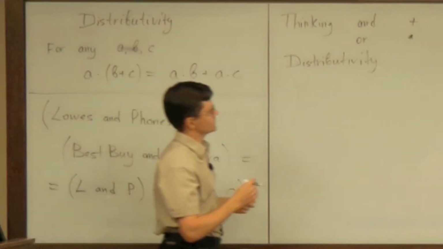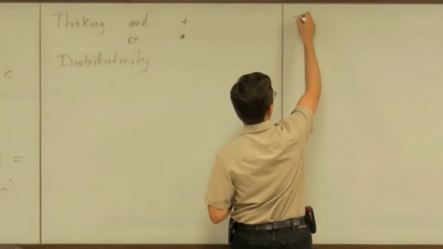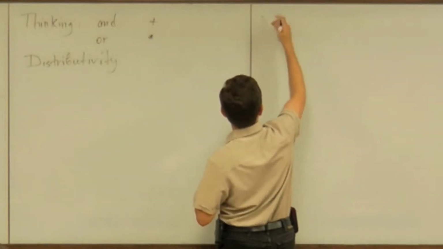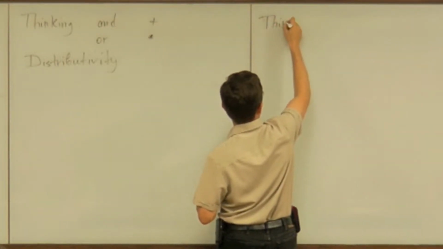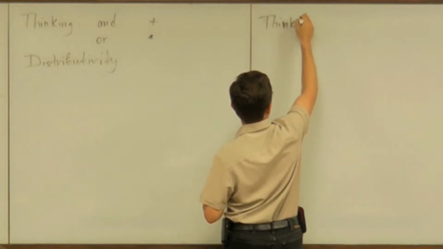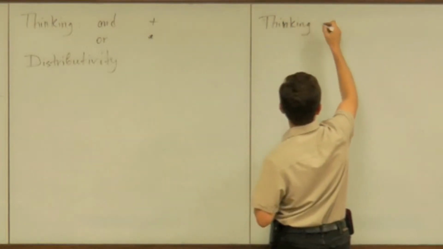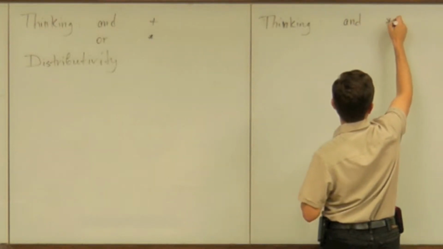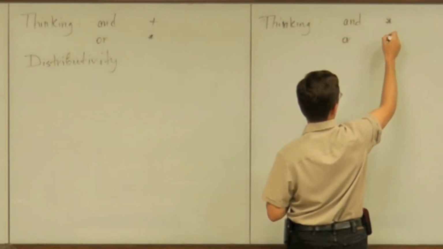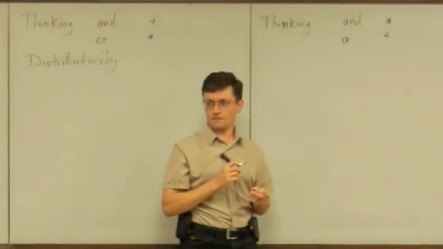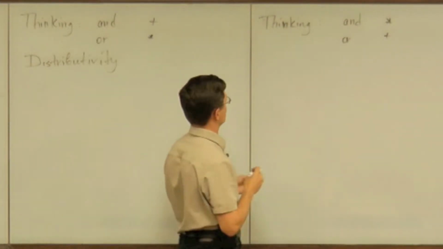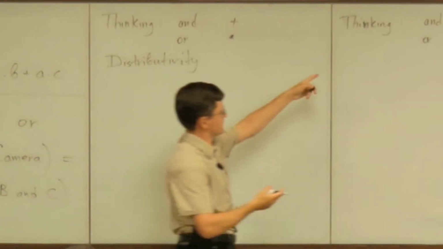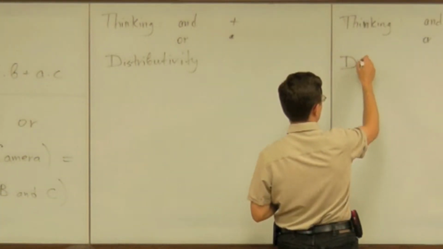So your thinking is about and being multiplication and or being addition. Right? Okay. Why don't we check both? So let's check that. What's distributivity there?